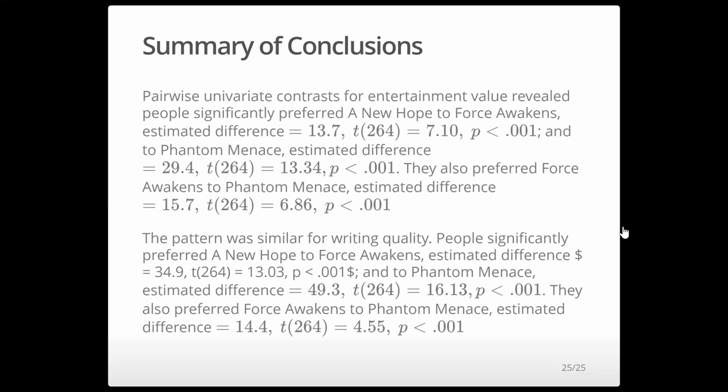So the average score for New Hope was 13.7 greater than Force Awakens, and there's our pairwise statistical test. They also preferred A New Hope to Phantom Menace by 29.4. This was a stronger preference, and again, there are statistical results. And the people who saw Force Awakens had a stronger opinion of it than the Phantom Menace as well.